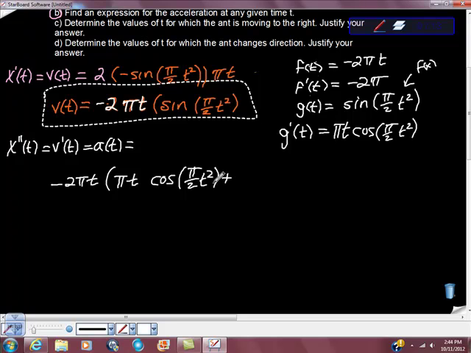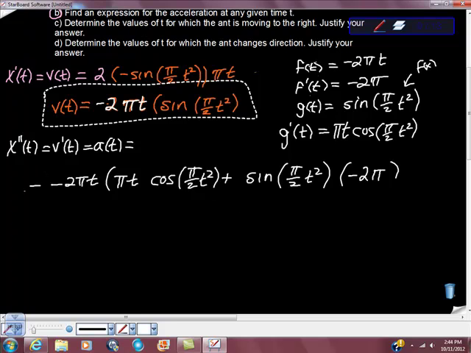Plus, and then we want g of t, which is sine of pi halves t squared, times the derivative of the first function, so times negative 2 pi. If you don't mind, what I'd like to do is put this negative 2 pi out in front. So I'm going to take this and just use the commutative property of multiplication and put this here. So this is what I'm going to do here.